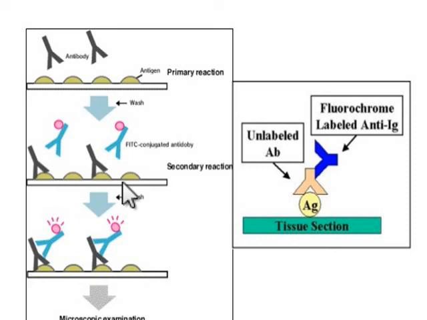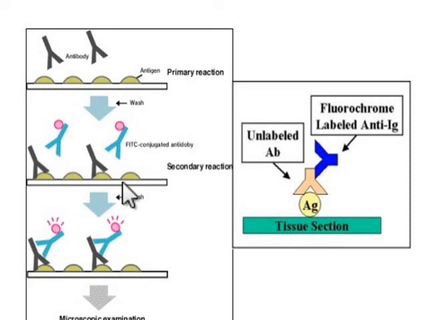That means here the antigen is sandwiched between two antibodies. One is the lymphocyte producing antibodies and another one is the fluorescent labeled antibody. Hence this test is called the sandwich method.